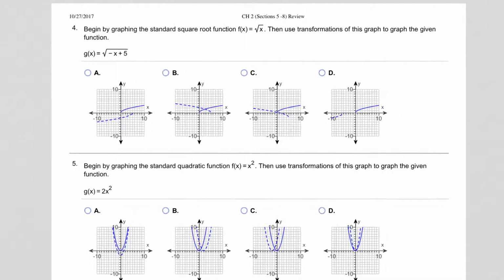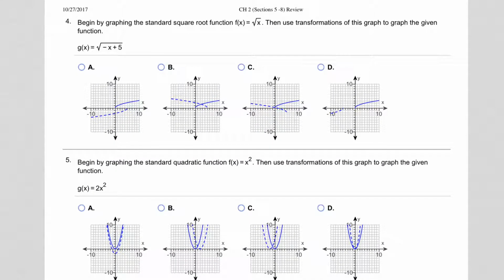Okay, let's take a look at number 4. Again, we have two transformations. So we know this looks like this from the parent function. We know that it's going to get reflected to the left, all right, because that is a horizontal, that is a y-axis reflection.